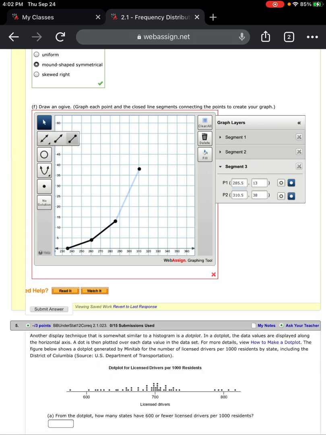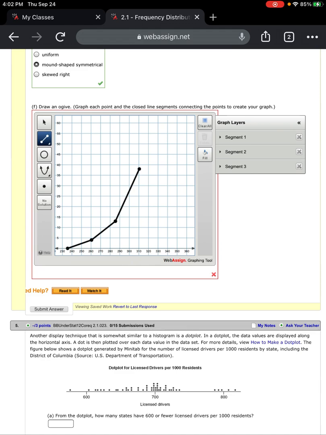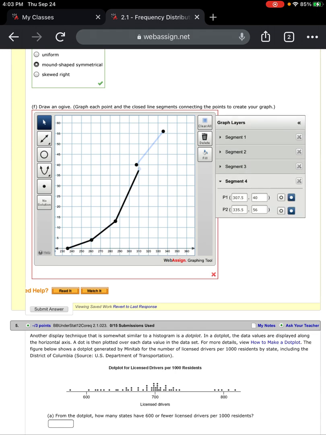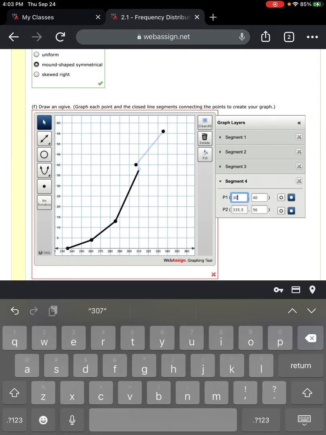All right, now the fourth row, just kind of click on where you left off. Pick another one up here. Let's fine tune it. The fourth segment is the fourth row. Upper class boundary in the fourth row is 335.5, and that left off at 38.